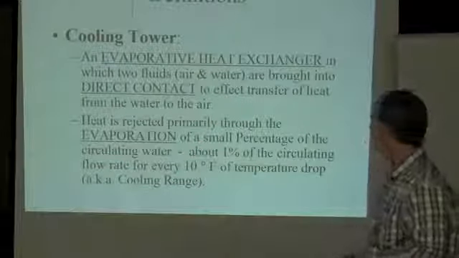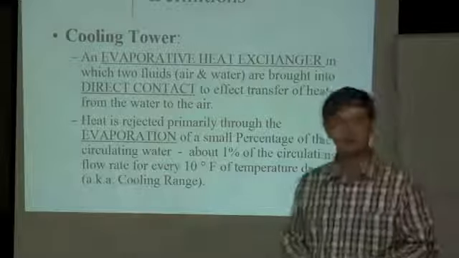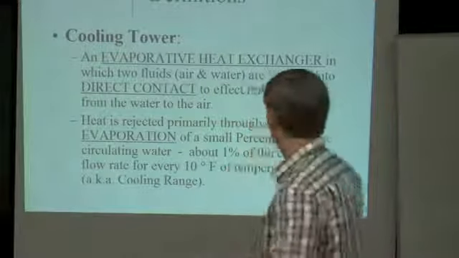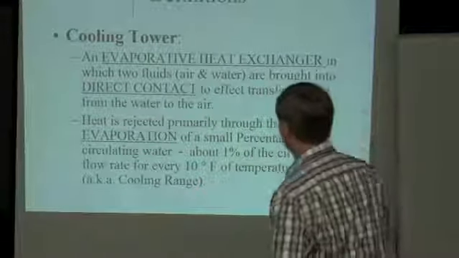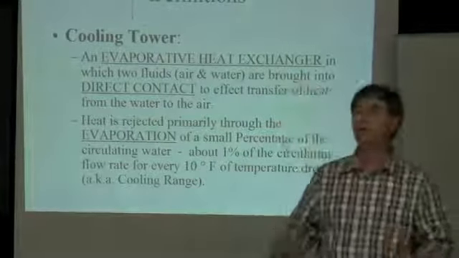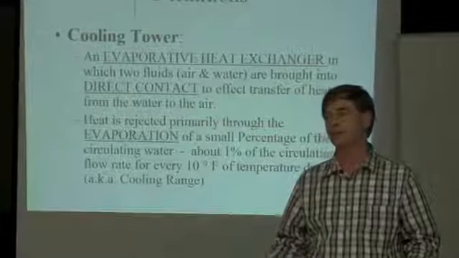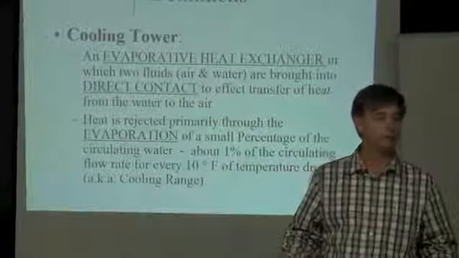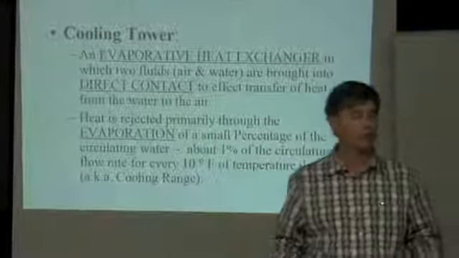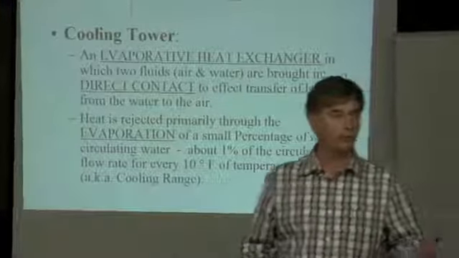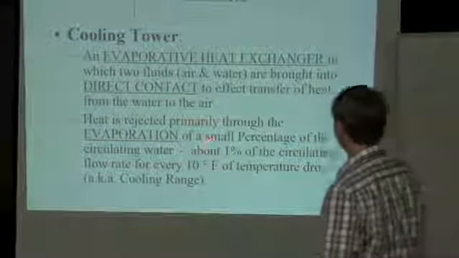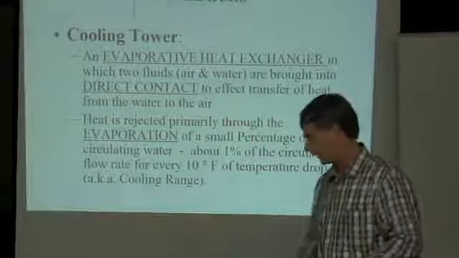You're going to have about 1% water loss through evaporation for every 10 degrees of temperature drop. And typically in our industry, our cooling towers have a 10-degree delta T. So rule of thumb, you're going to lose about 1% to evaporation while you're circulating the water.